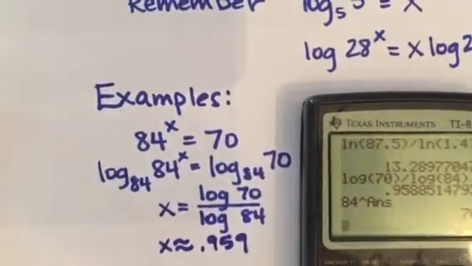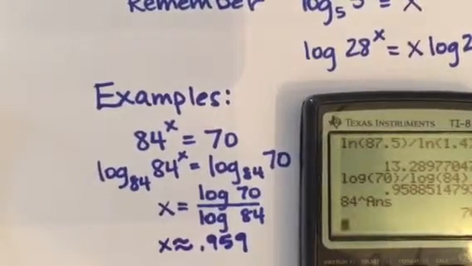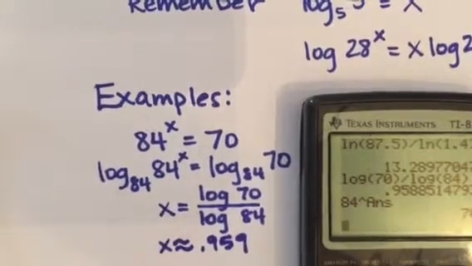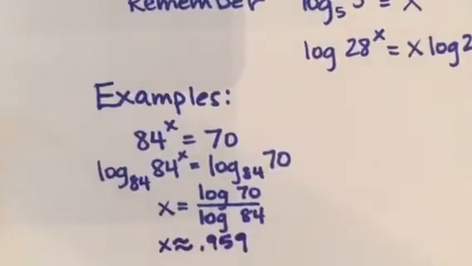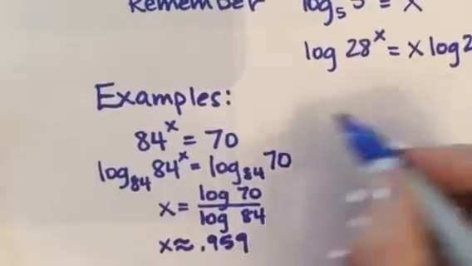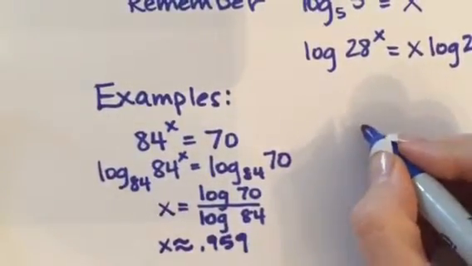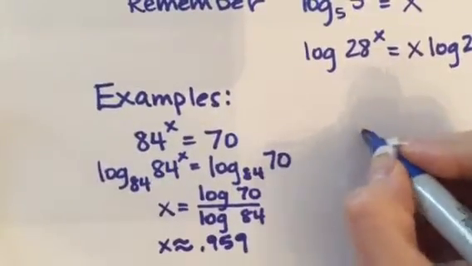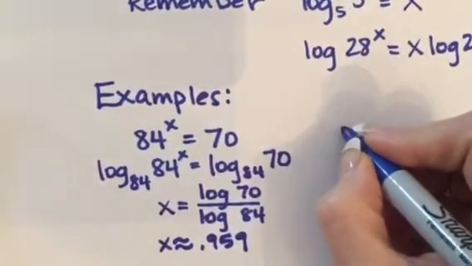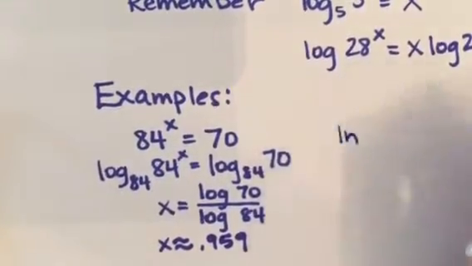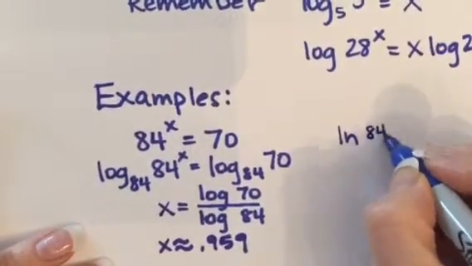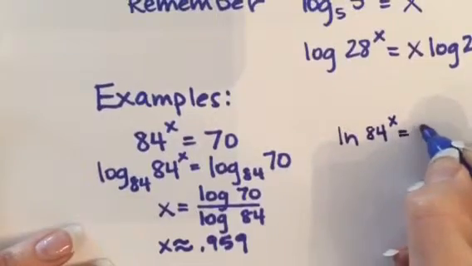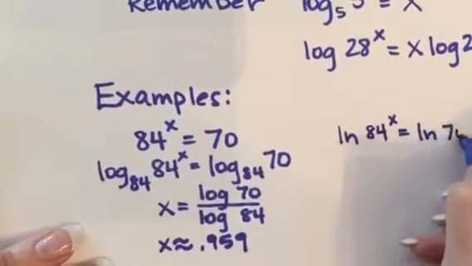Okay, so this is one way of handling this equation. Another way of handling this equation would be to just take a common log or a natural log of both sides of the equation. And when we do that, we could say ln of 84 to the x is equal to ln of 70.